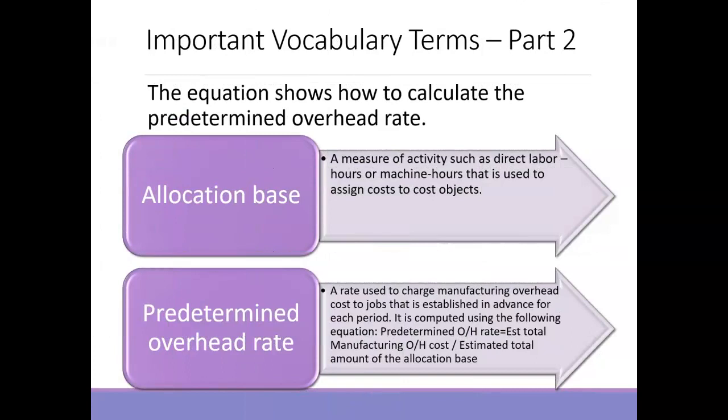Then we've got what we talked about last week, an allocation base. This is going to be a measure of activity that usually is direct labor or machine hours that is used to assign cost to cost objects. So we've got to find out some type of method that we assign costs to different items.